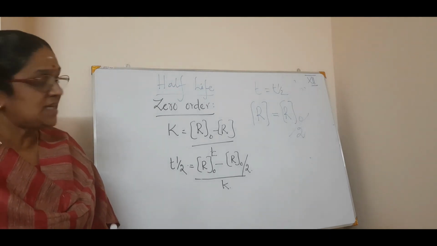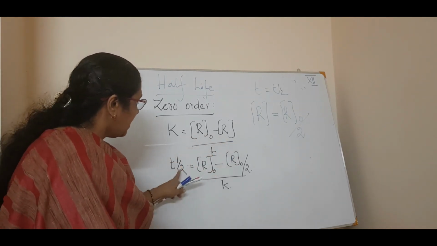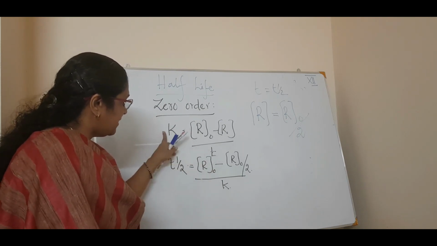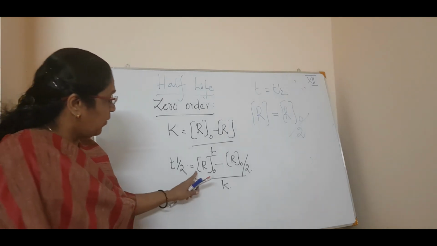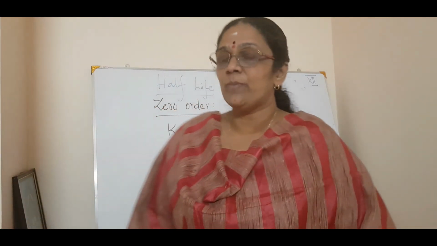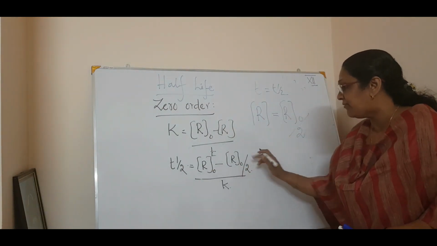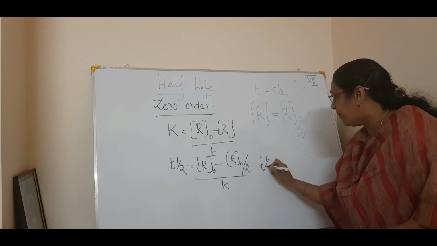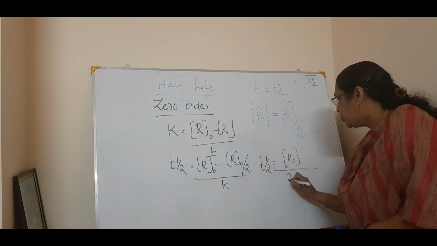That is R0 minus R by T, where T becomes T half and K becomes K. Now, what is R0 minus R0 by 2? That is 1 minus half, so half. So it will become T half is equal to R0 by 2K.